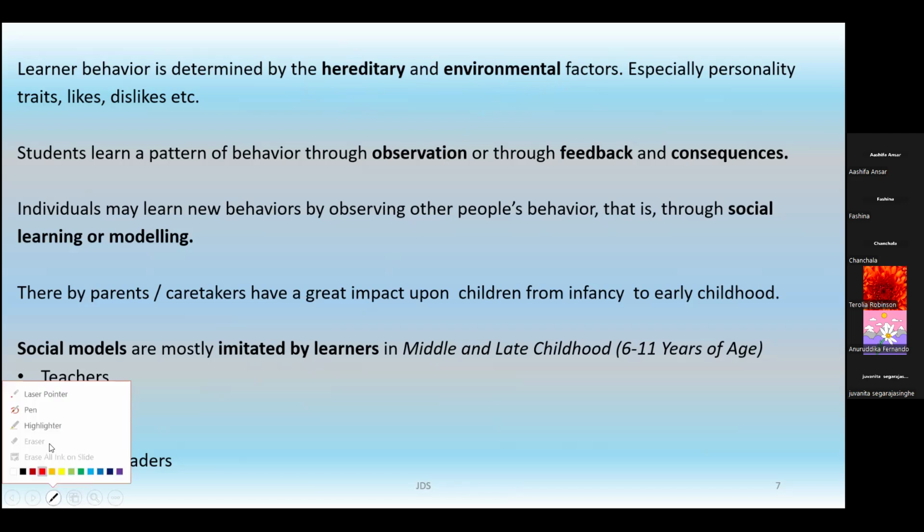Especially personality traits other than intelligence, likes, dislikes, all those are connected to hereditary. Right? It can be certain moral qualities like being bold enough or maybe speaking the truth. All those are believed to be hereditary.